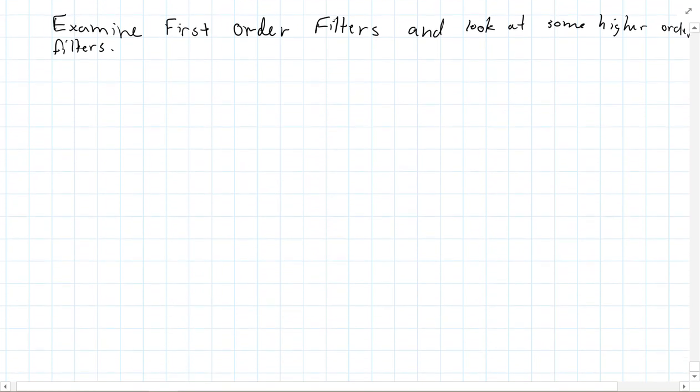Now the next thing here is we have to define what we mean by cutoff frequency.